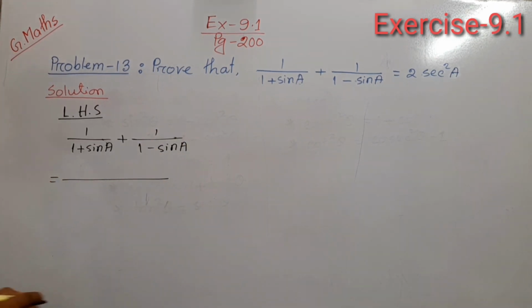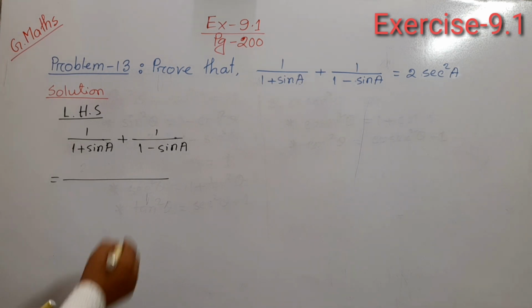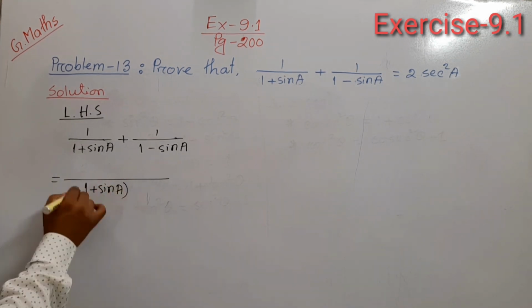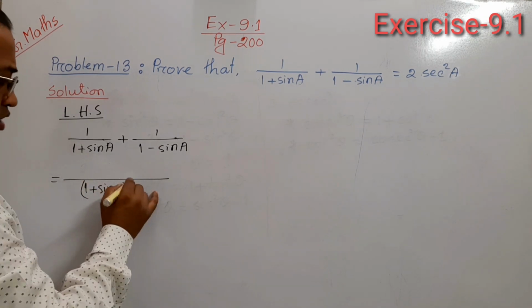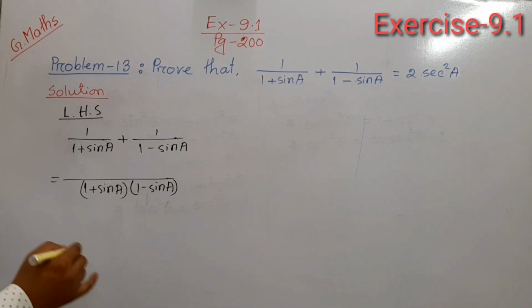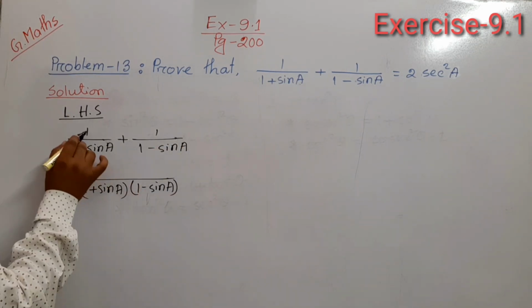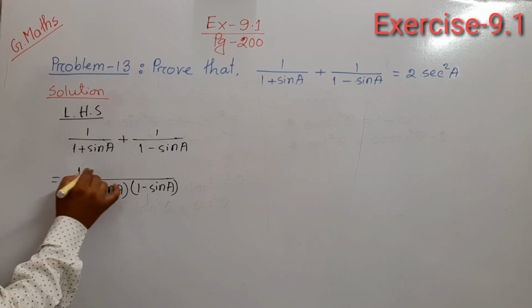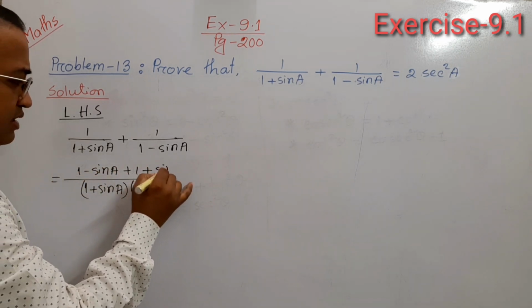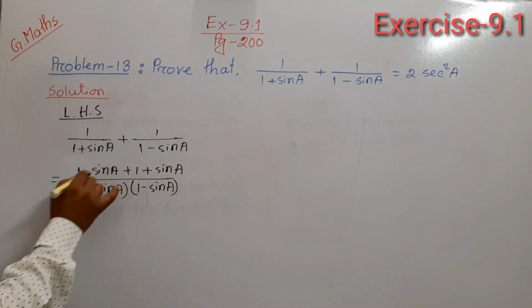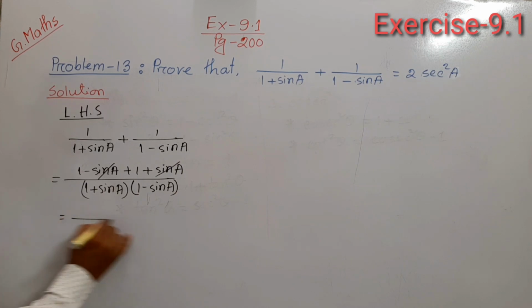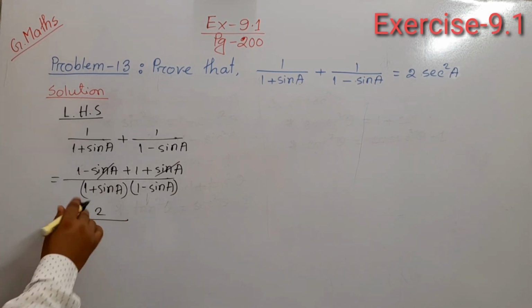So we will add these two fractions and the LCM will be 1 plus sin a into 1 minus sin a. If you multiply this, it will be 1 minus sin a plus 1 plus sin a. Now cancel this minus sin a with plus sin a. It remains 2. And look at the denominator.